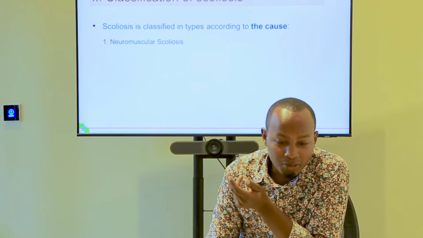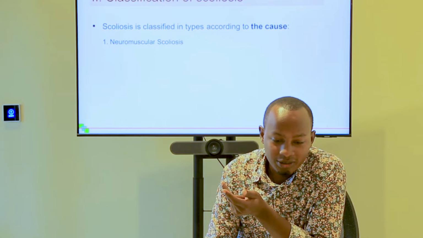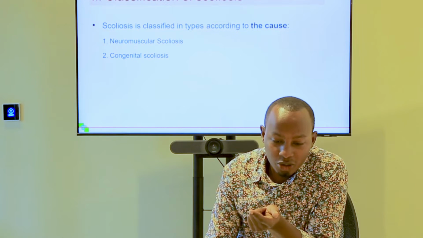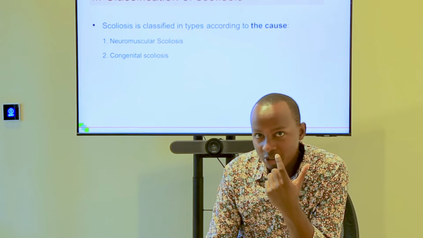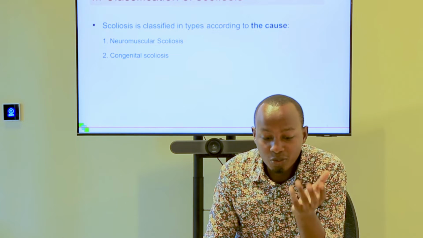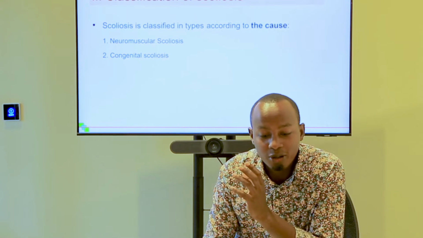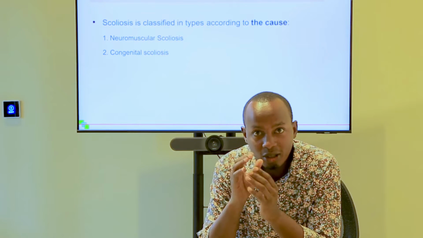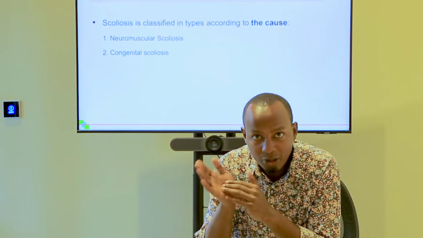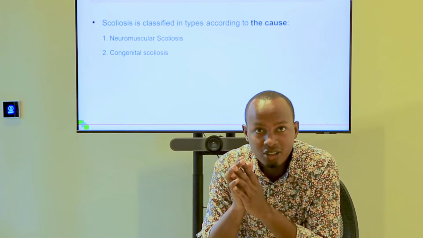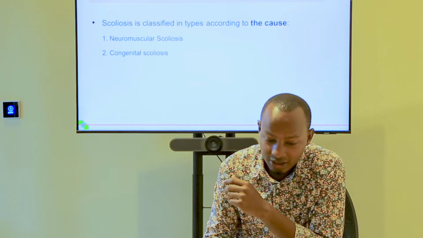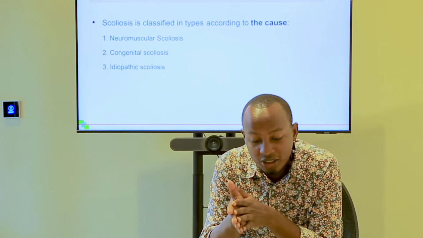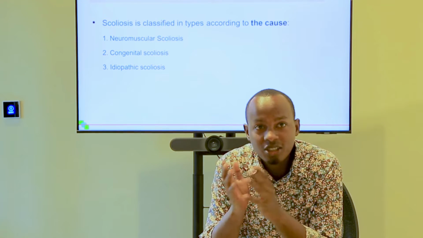The first one is neuromuscular scoliosis. The second one is congenital scoliosis, where the child or the baby is born with some segments which are not separated, or the vertebrae are not separated, or there is something which is missing. We will see it later. And the last one is idiopathic scoliosis, where the cause is unknown.